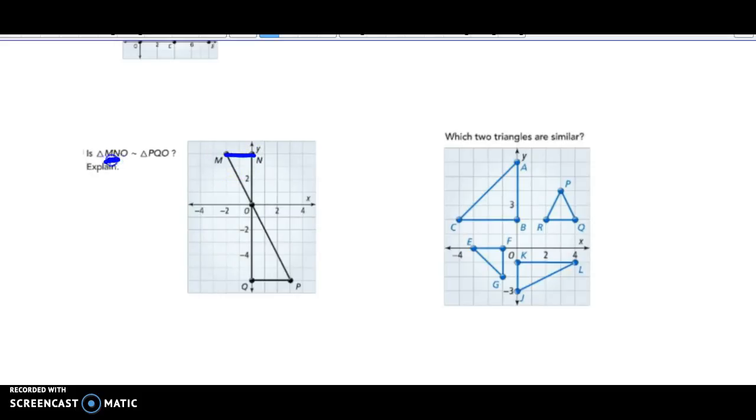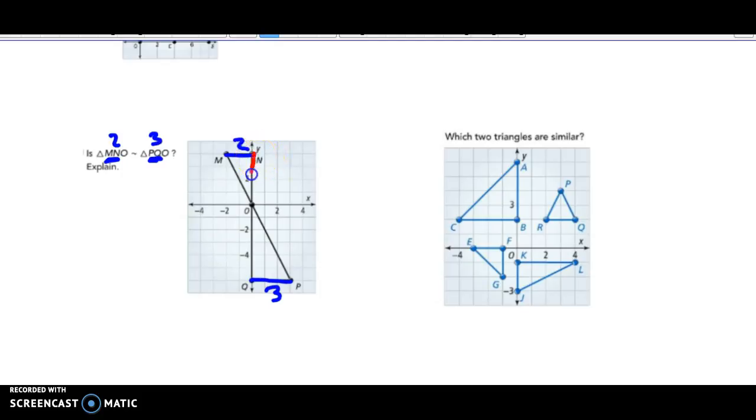I'm looking at the first 2 letters in my triangle, so I need to compare it to the corresponding side, which will be PQ. So MN is 2 units and PQ is 3 units. Okay, so right now we have a 2-to-3 ratio.